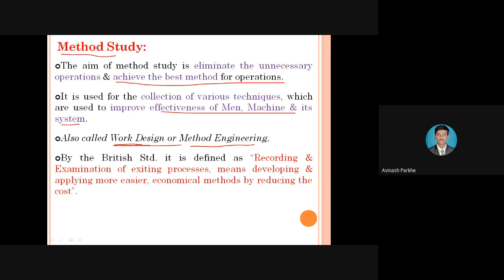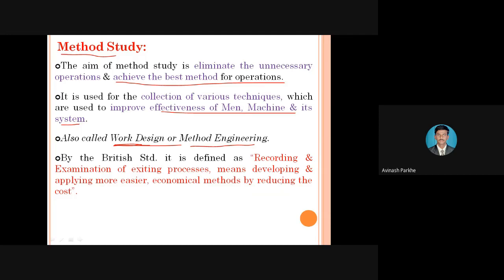Therefore, while implementing the concept of method study and its techniques for the development of new methods, we have to focus on cost reduction also, because sometimes we do the modification, but for the modified process the production cost increases. We get a new process which works in an effective manner, but if I implement that process in the industry, the production cost goes on increasing.